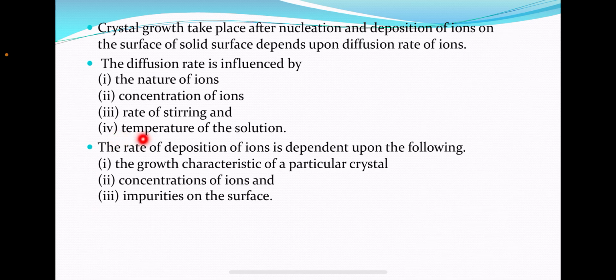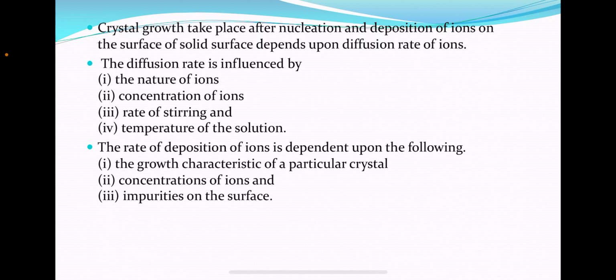And next, the diffusion rate is influenced by the temperature of the solution. This is very important. Some substances may dissolve or become soluble when the temperature is increased. At a particular temperature, it will precipitate out. When the temperature is raised or decreased, it may lose its precipitation form.